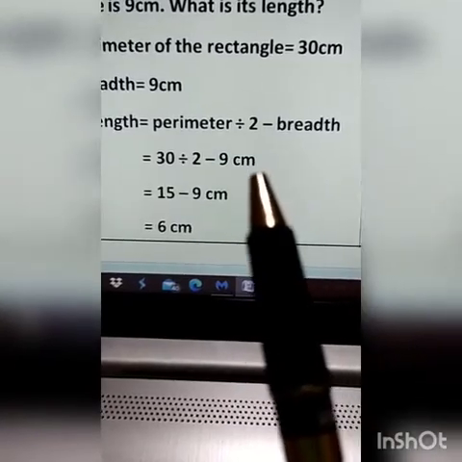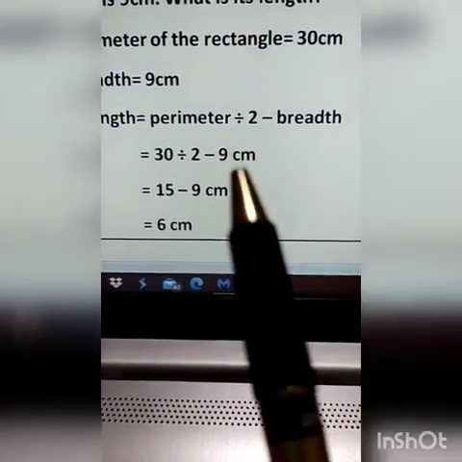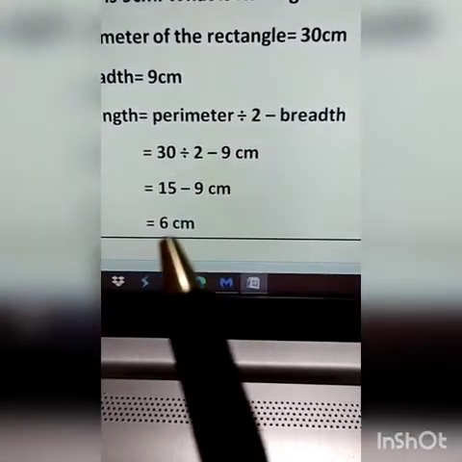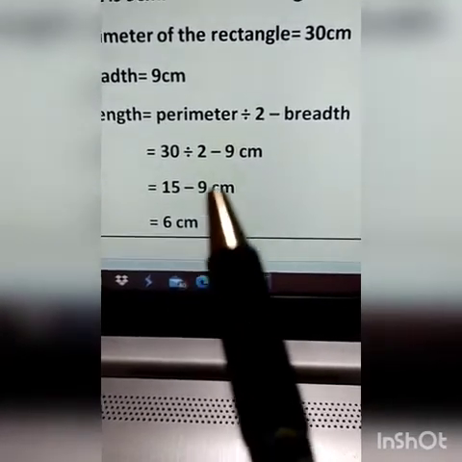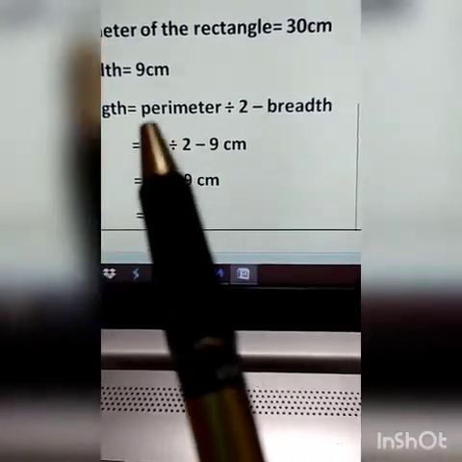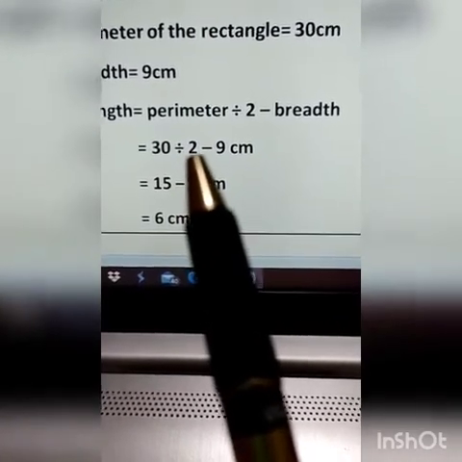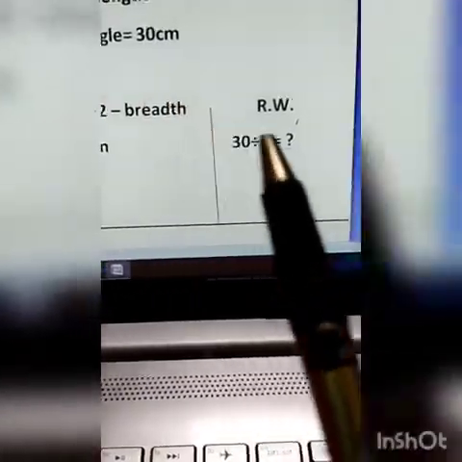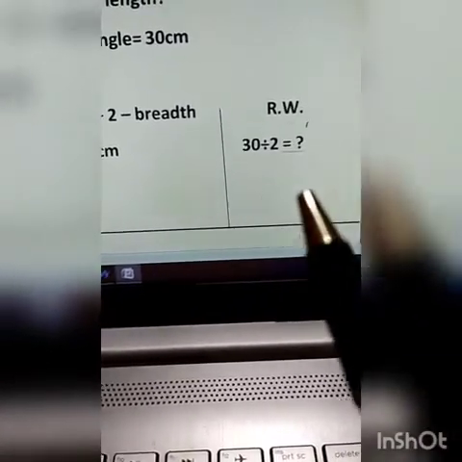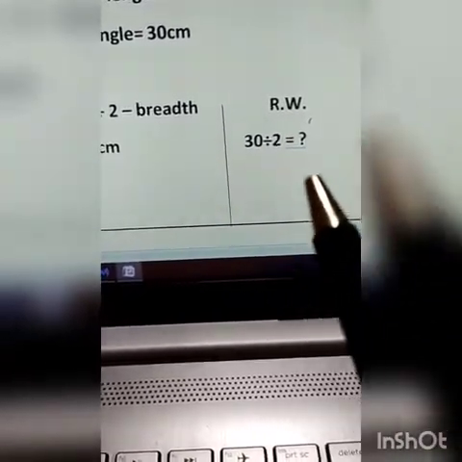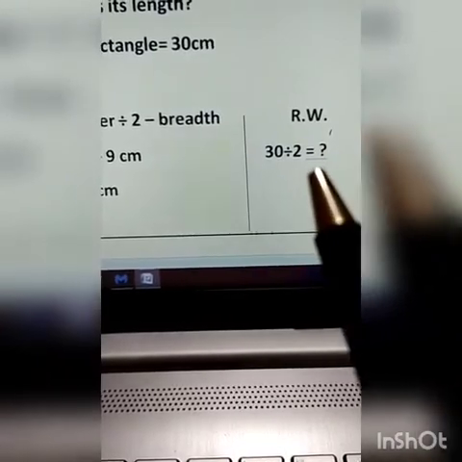And as I said earlier, unit of perimeter is centimeter again. And if you cannot do this division 30 divided by 2 orally, then you will do rough work on the side. The space is given to you. You will do this rough work here.